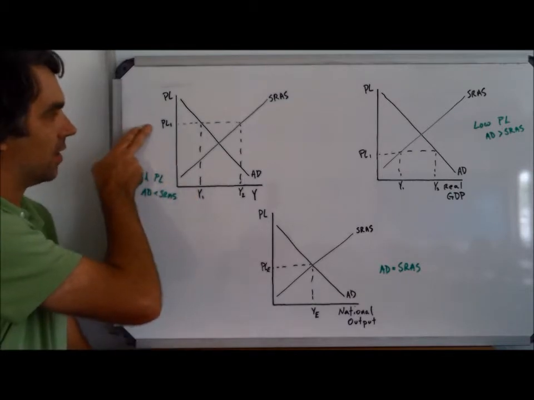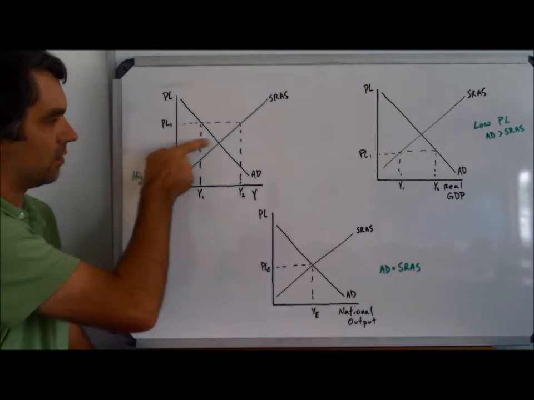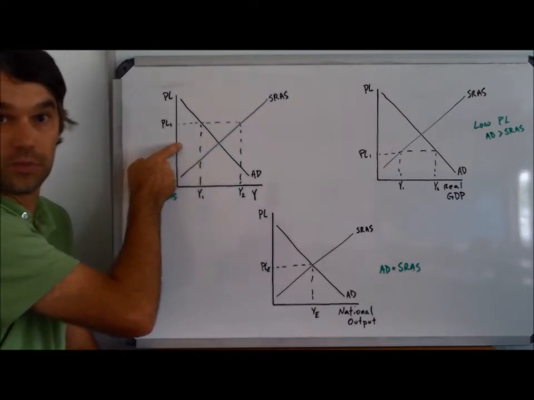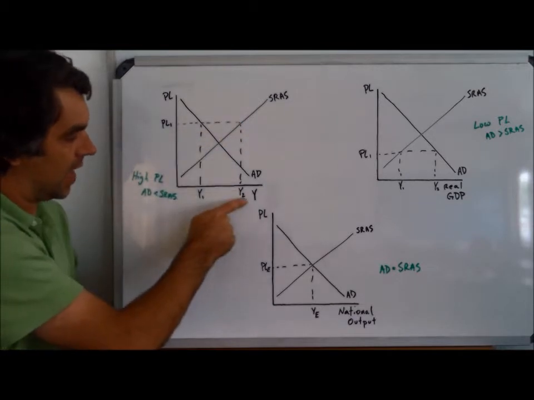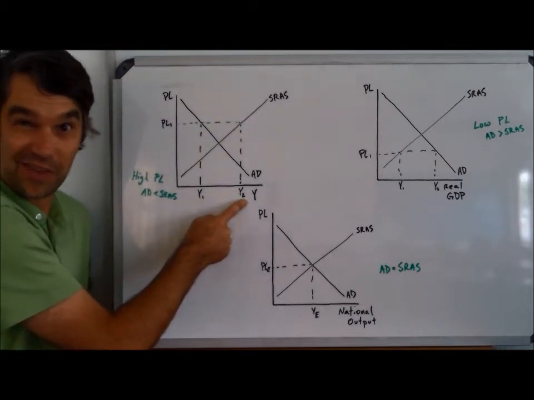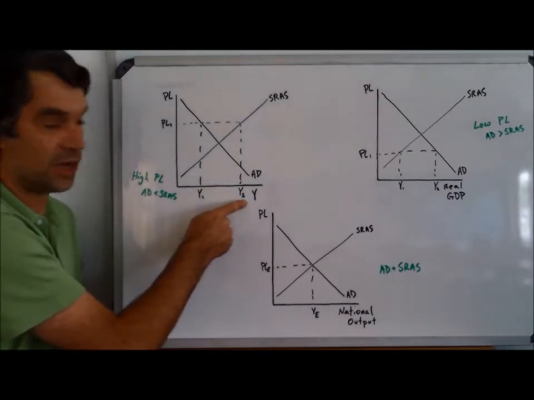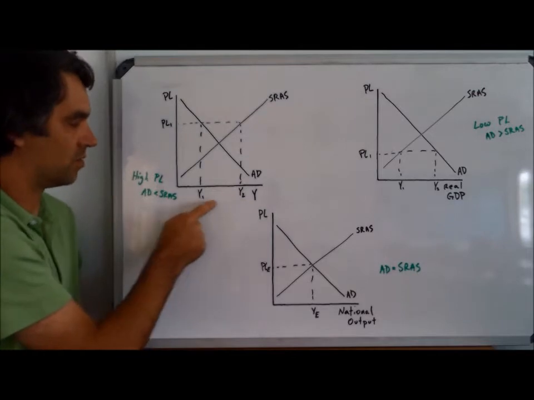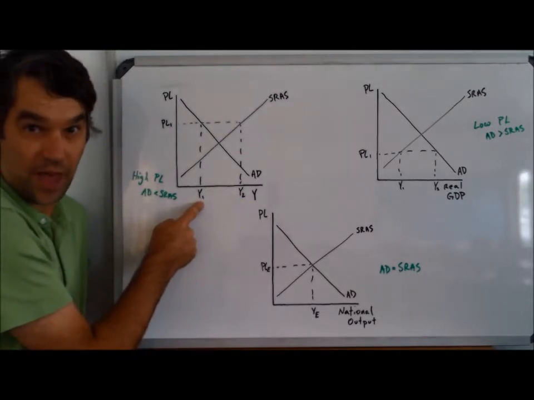So in the first scenario, the average price level in the country is greater than what the equilibrium point should be. Just like in micro, this means that producers are excited about this. They're like, great, our profit levels are up, so we're going to produce more. So they produce way over here at Y2, but demanders, of course, respond to the higher prices and go, well, we don't want to buy that much.